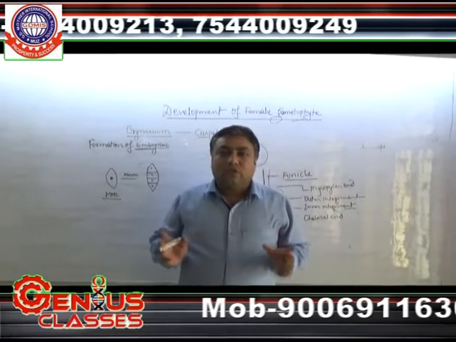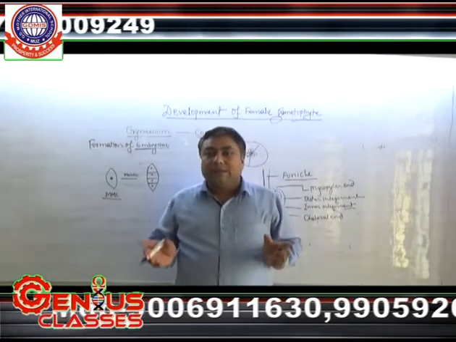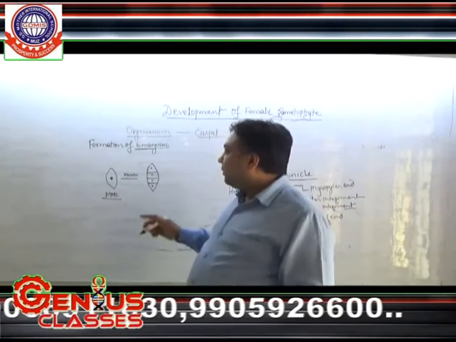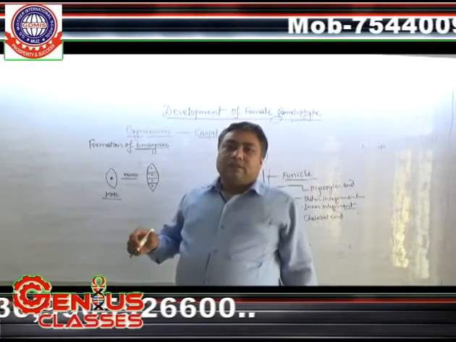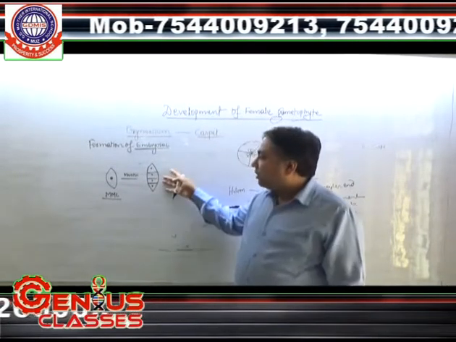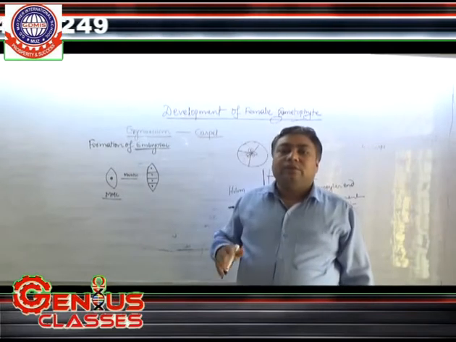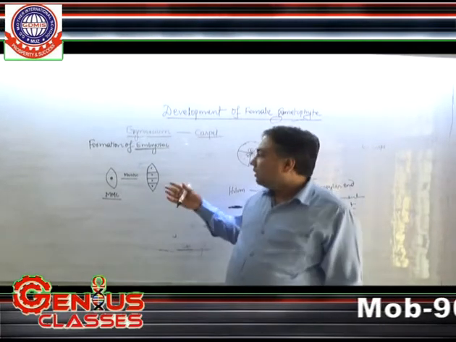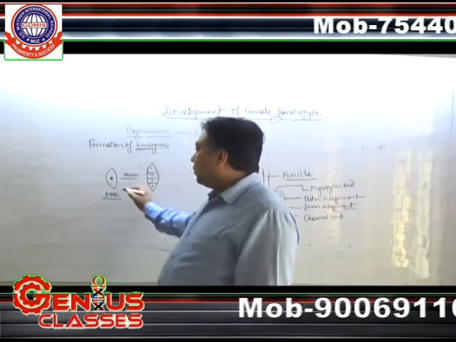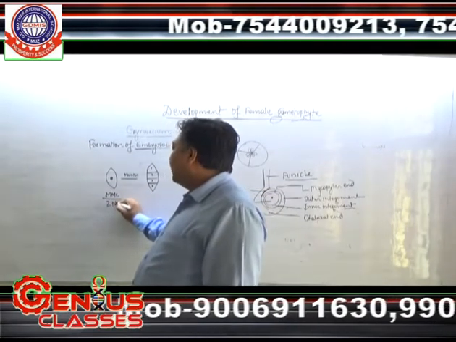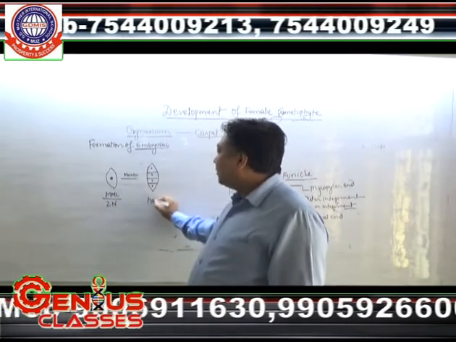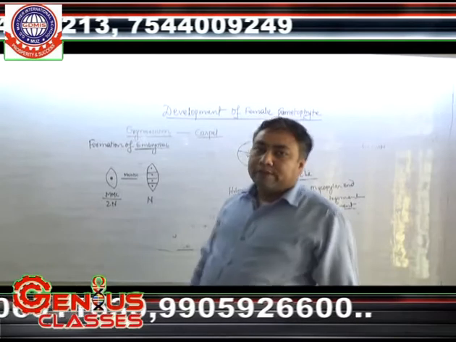The formation of the embryo sac is of many types, and this depends on how many of the 4 cells produced by meiotic division are involved in forming the embryo sac. Here the MMC is 2N, but after meiosis all cells are haploid.